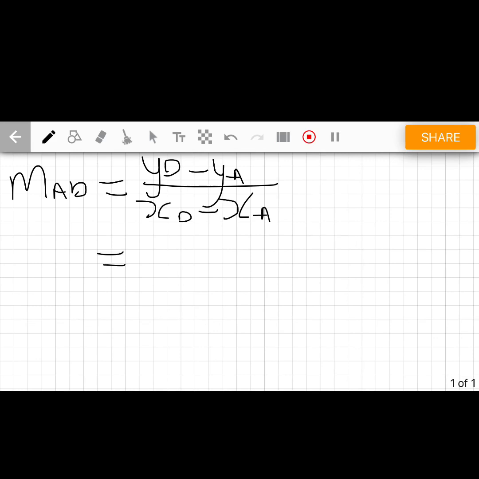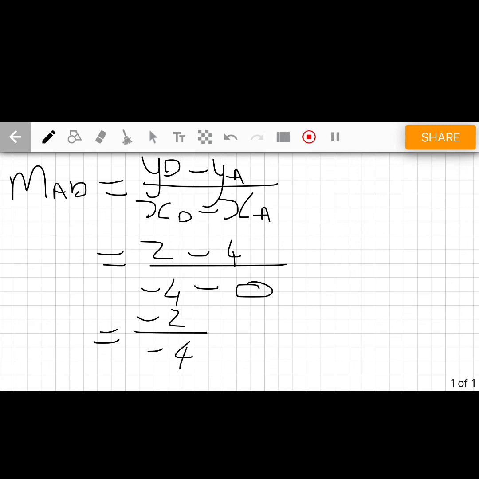So the y of d is given as 2 minus the y of a, which is given as 4, all over the x of d, which is negative 4, minus the x of a, which is 0. So on top we have 2 minus 4, which gives us negative 2, all over negative 4.